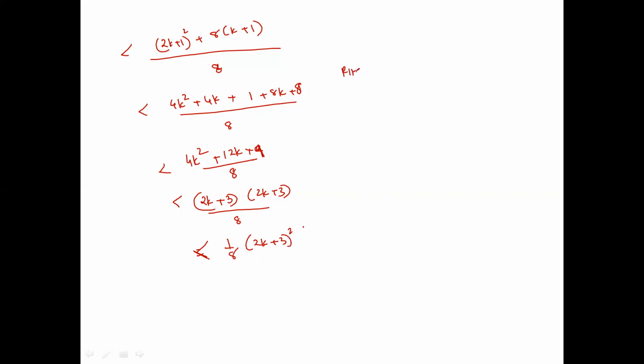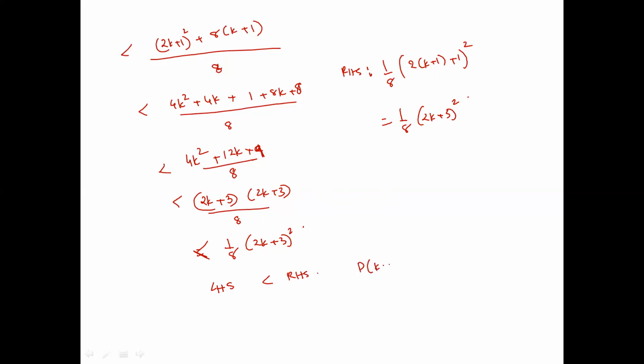But on the RHS, when you put n as k plus 1, what will you have? 1 by 8 into 2 into k plus 1 plus 1 whole square, that is 1 by 8 into 2k plus 3 whole square. You got LHS less than RHS.